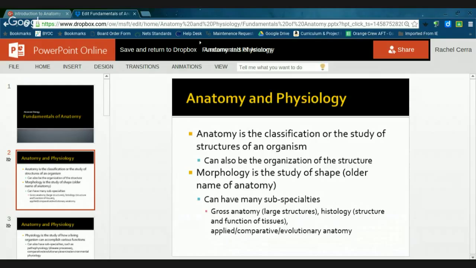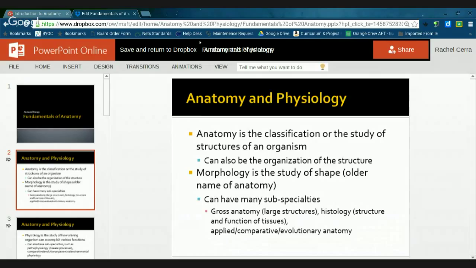Gross in biology speak just means large or the overall picture. Histology is going to be the study and function of the tissues that make up the anatomy parts. So you'd be looking at the different tissues that make up the human body, for example, or maybe the different tissues that make up dogs and cats if you were studying to be a veterinarian.